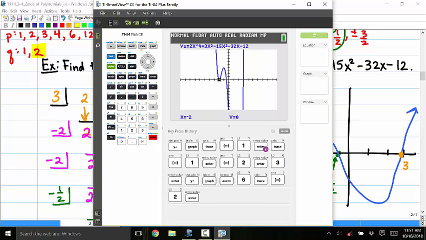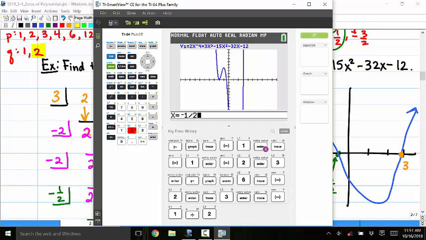Maybe 3. Trace 3, enter. Yes, that's a 0. What was our third one? Negative 1/2. So I could hit trace, negative 1/2, enter. Yep.